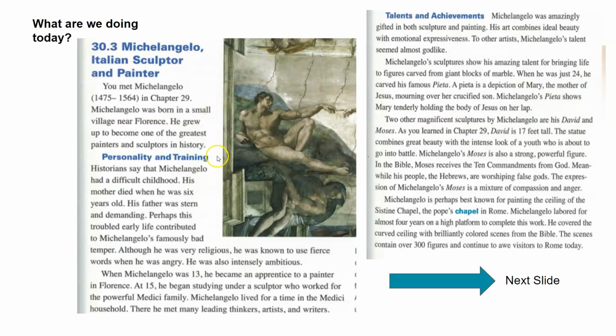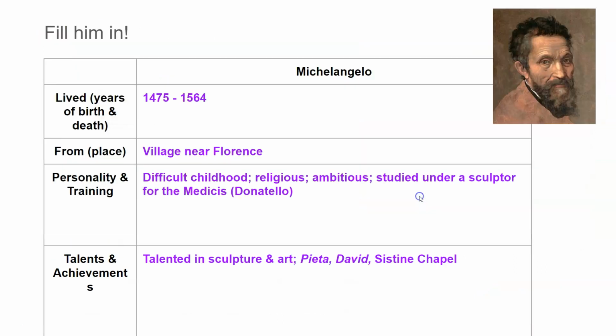So if you look at this slide here, you can see all this information. He lived 1475 to 1564, that's when he was born. He was born in a small village near Florence. It goes over his personality and it goes over his talents and achievements. Now, you're going to be like, I have to write all of this in. No, you're just going to do quick note taking. So for example, I put lived 1475 to 1564.